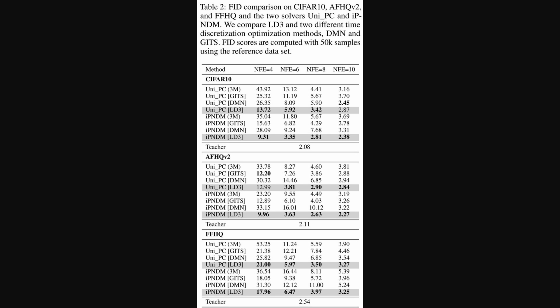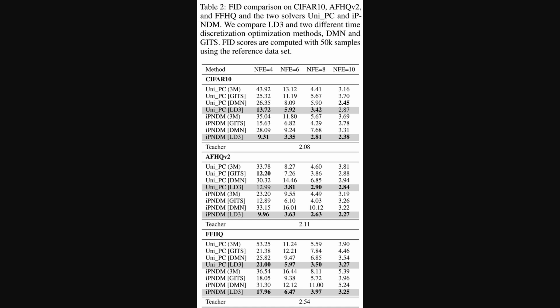Okay, so this Table 2 on page 8 provides more specific FID comparisons. We see results on CIFAR10, AFHQV2, and FFHQ using 2 different solvers, Uni_PC and IPNDM. LD3 is compared directly against other discretization methods, like GITS and DMN across different NFEs.